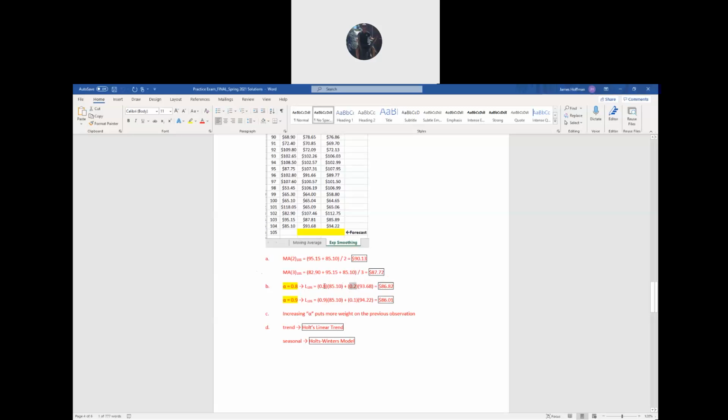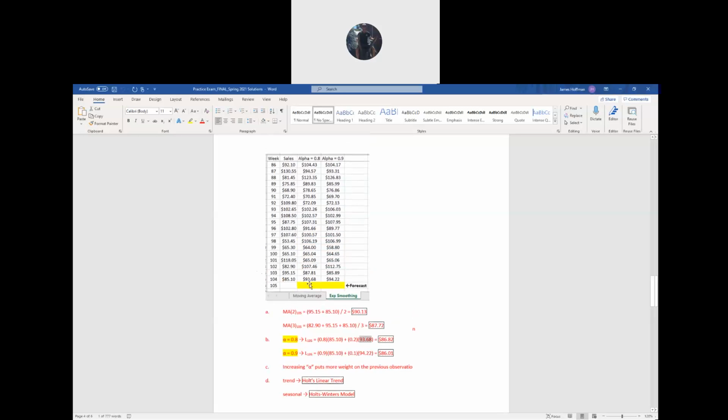Right? 1 minus that is 0.2. And times the last forecast in the alpha equals 0.8 column, which is 93.68. And if you take that plus that times that, then you get a forecast for week 105 with an alpha equals 0.8. Your forecast would be $86.82.